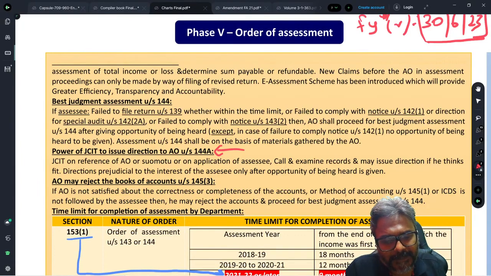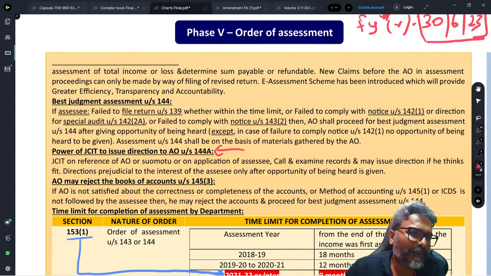On the application to the JCIT, you can call for information under 144A.